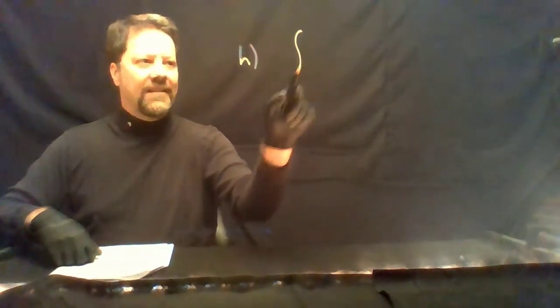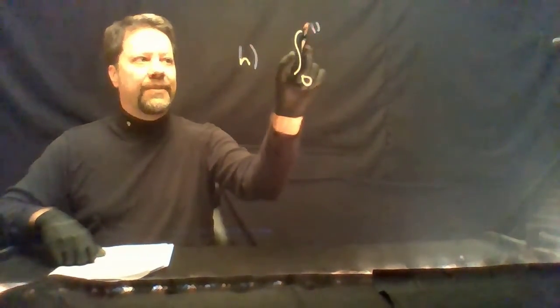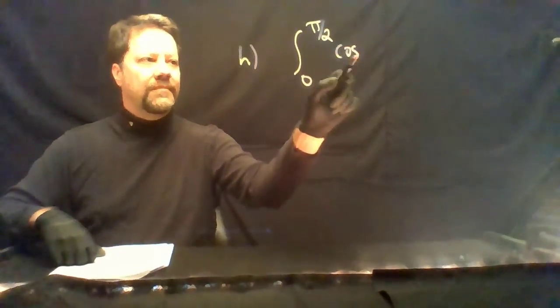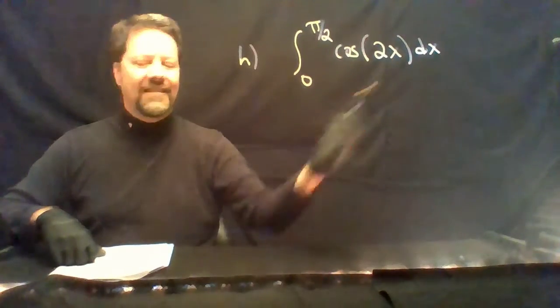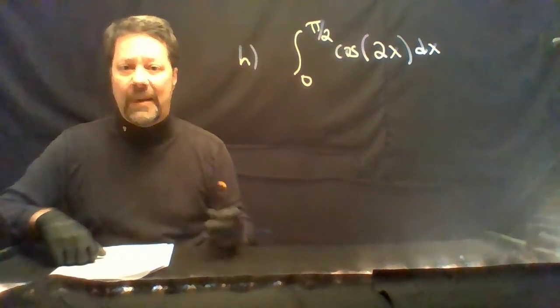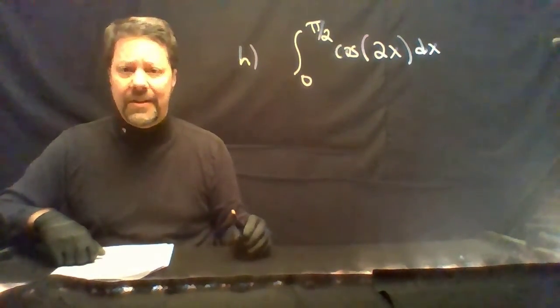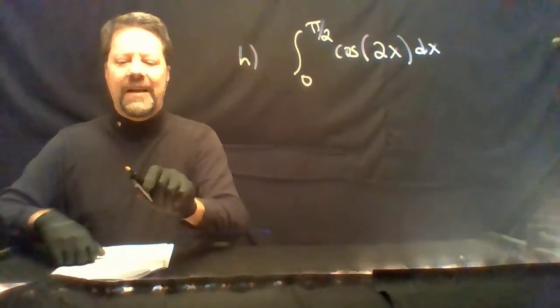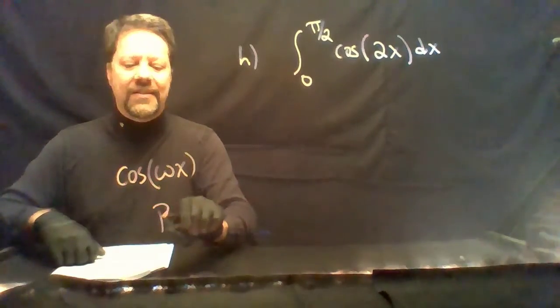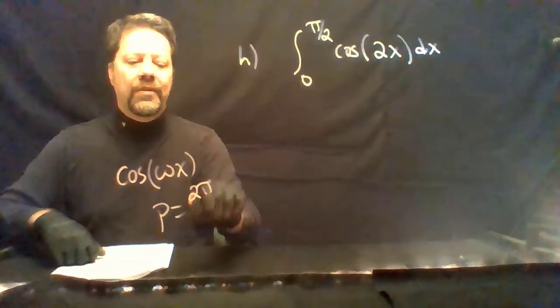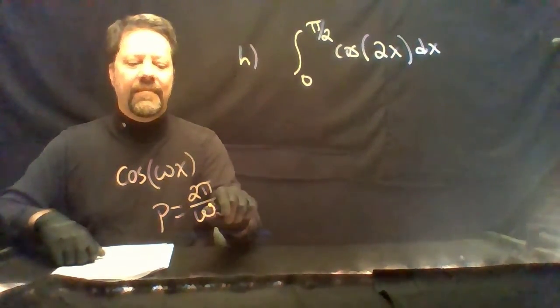On part H, we're integrating from 0 to pi over 2 cosine of 2x dx. Now, it is possible to use the fundamental theorem of calculus to evaluate this. But I want you to remember something else. If you have cosine of omega x, the period is 2 pi divided by omega.